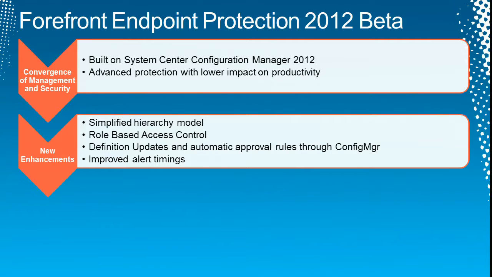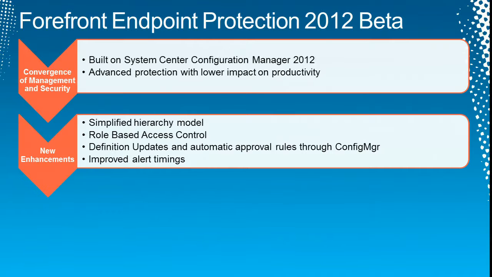A couple of other things that we have done: definition updates can now be done using existing distribution points through Config Manager. So in the Config Manager console, you can define automatic deployment rules and get your signature updates for FEP using the same distribution system and not have a separate WSUS server.